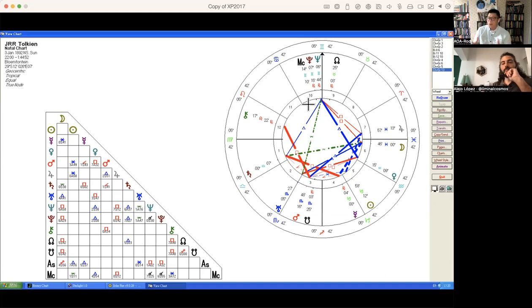Venus is very smooth. Venus represents what we value and what we appreciate. Venus is what we enjoy most, and what makes us feel comfortable. And when this part relates to the MC, which is our vocation, our achievement, what we want to shine at, what we want to become important for in this world, all this quality can help Tolkien to achieve.